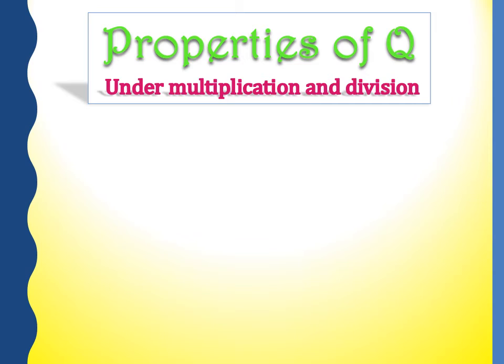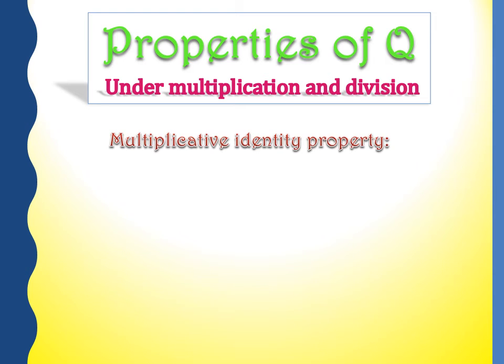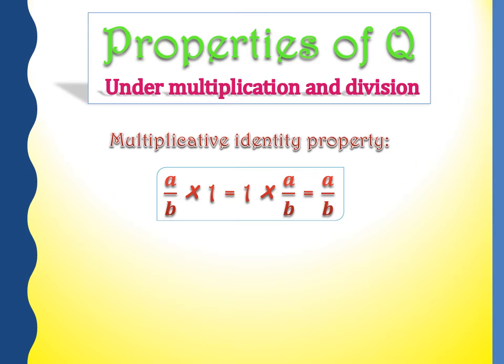Now let's talk about two important properties of rational numbers under multiplication and division, which are multiplicative identity and multiplicative inverse. The multiplicative identity is 1, and we can write it as a over b times 1 equals 1 times a over b equals a over b. The multiplicative identity is 1, which is also called the neutral element.